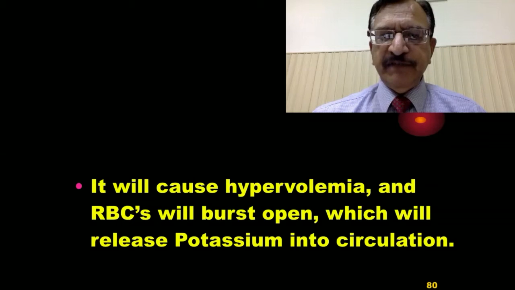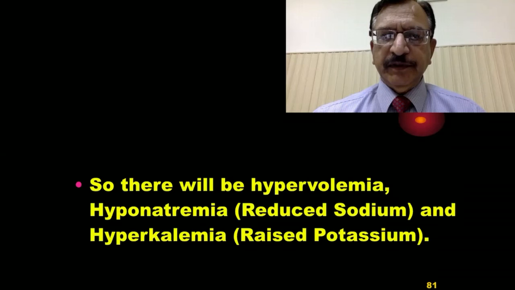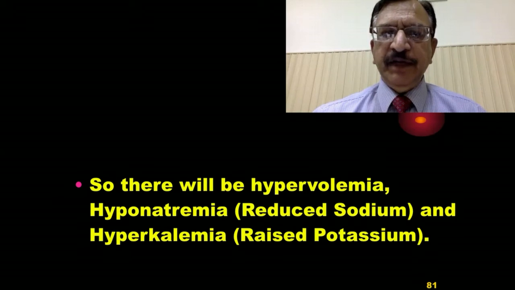The RBCs will burst open and potassium will be released from the RBCs into the circulation. So there will be hypervolemia because of the increased amount of water in the circulation, hyponatremia, as sodium will be diluted and reduced in amount, and hyperkalemia, that is raised potassium which has been released from the RBCs.